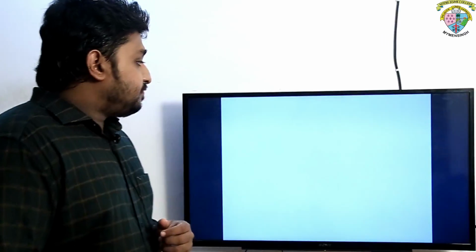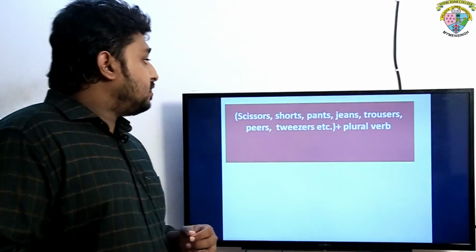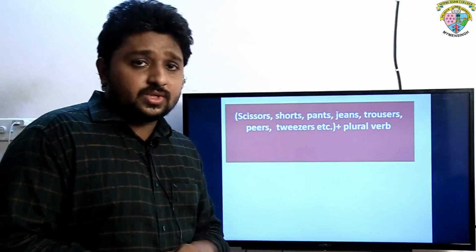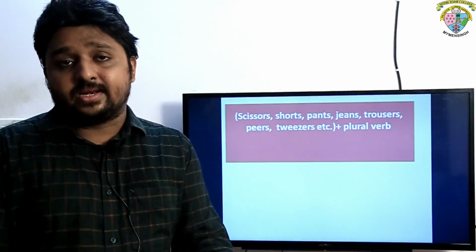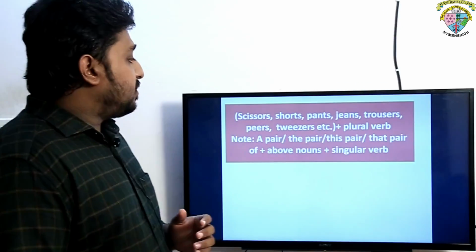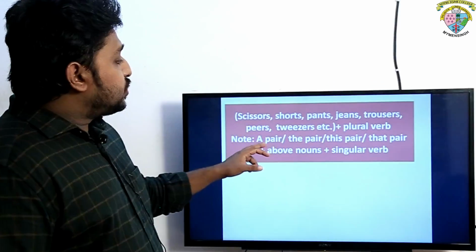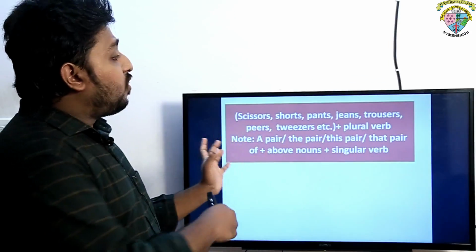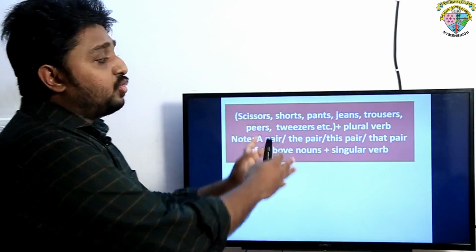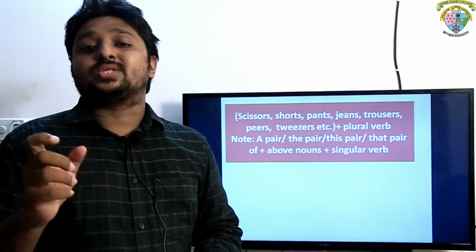In the next one, look, here we can see some plural nouns. Yes, they are plurals and they are going to take plural verb. Definitely, there is no doubt. The problem is that when we use a pair or the pair or this pair or that pair before this sort of above plural nouns, we have to use singular verb.